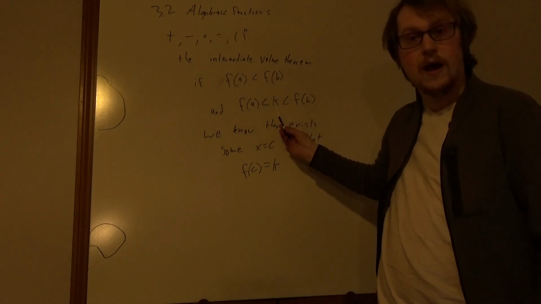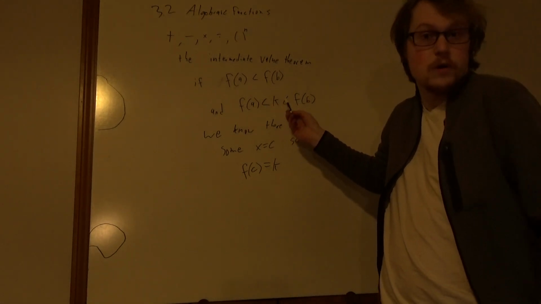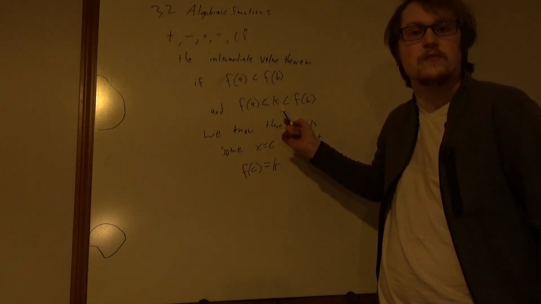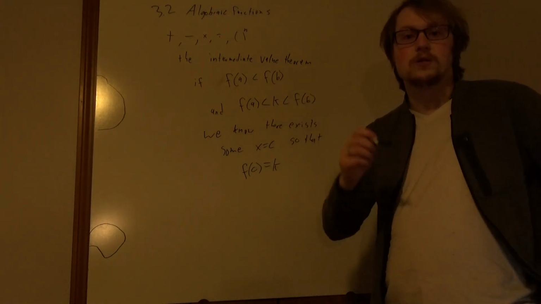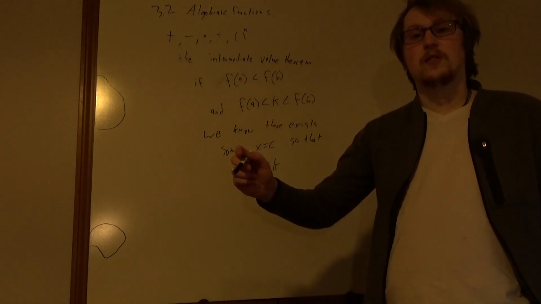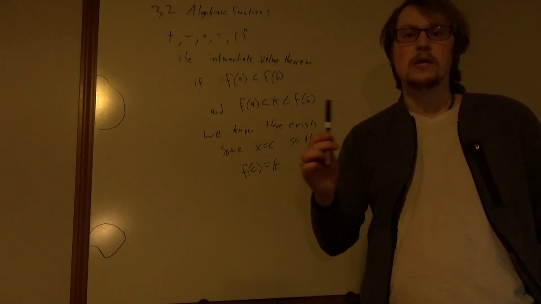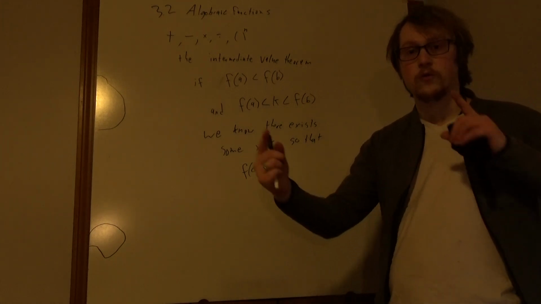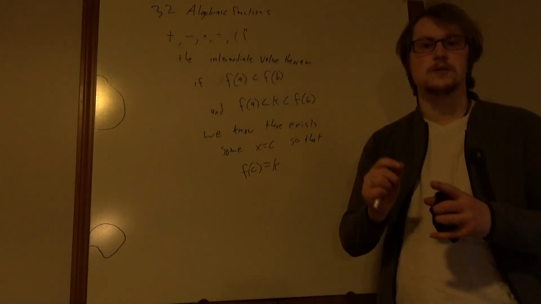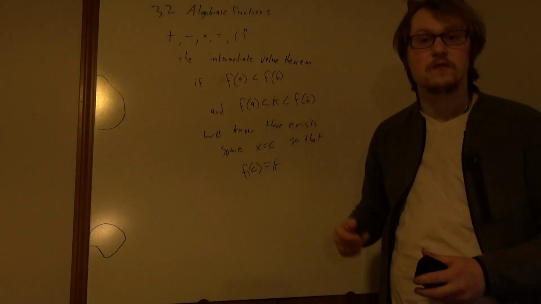I know 0 has to be in between them, right? 0 is in between every positive and negative number. So I know that if it was negative at 2 and positive at 3, for some number between 2 and 3, the function is going to equal 0. And so I can sort of home in on the zeros of a function by using the intermediate value theorem.